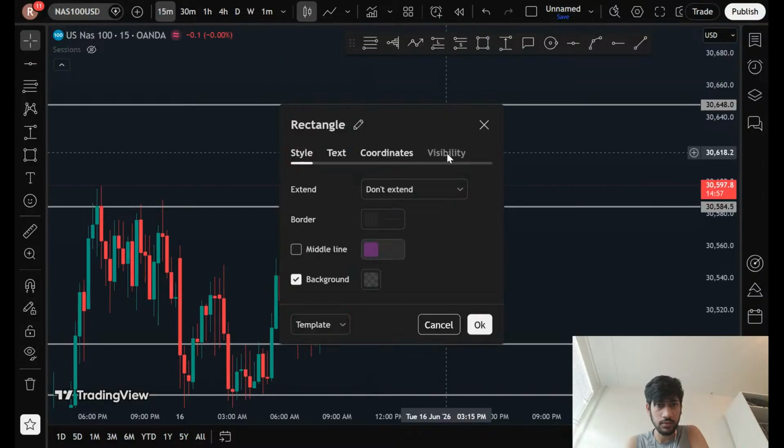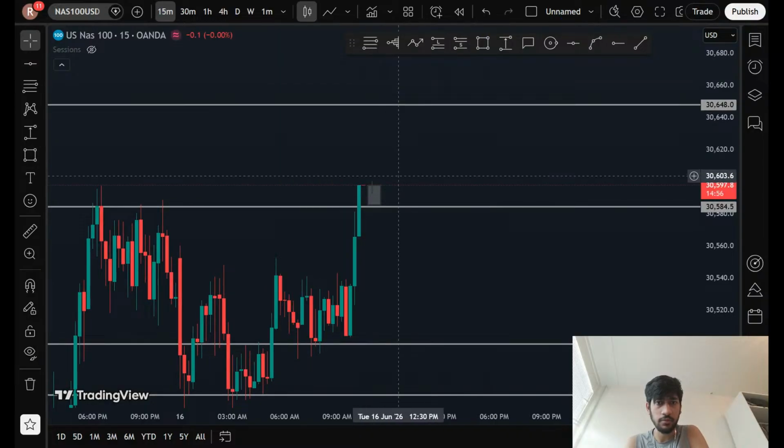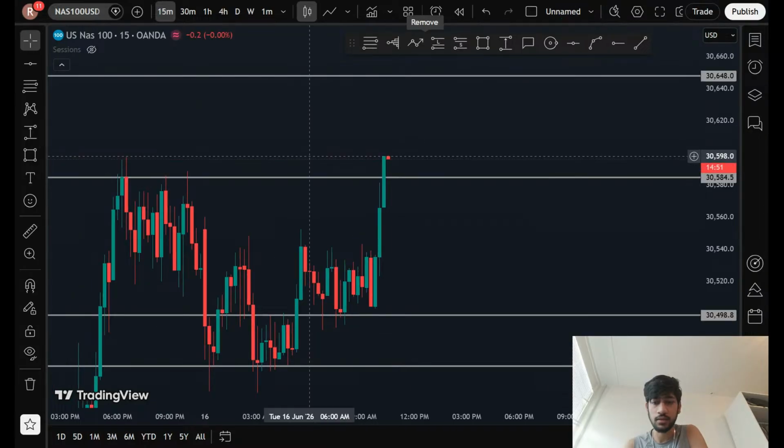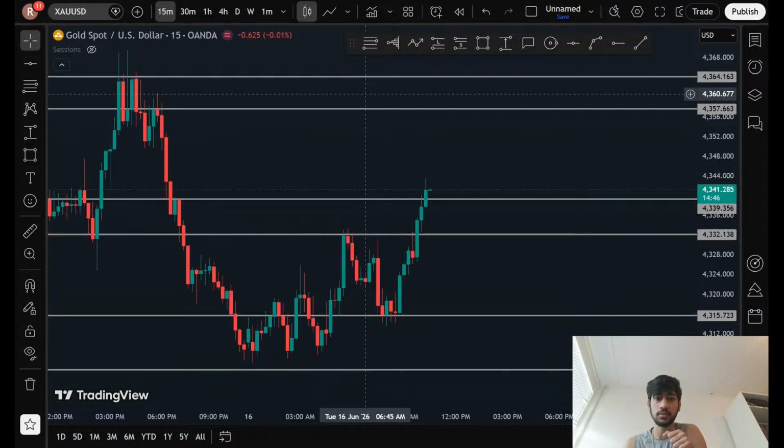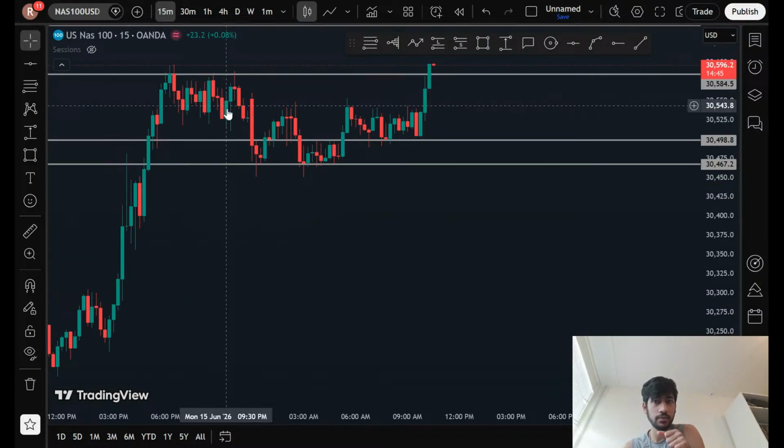If we get a candle closing like this, then I would be interested in buys. Other than that, we just wait. No confirmation, just nothing, not clear market structure. We just wait.